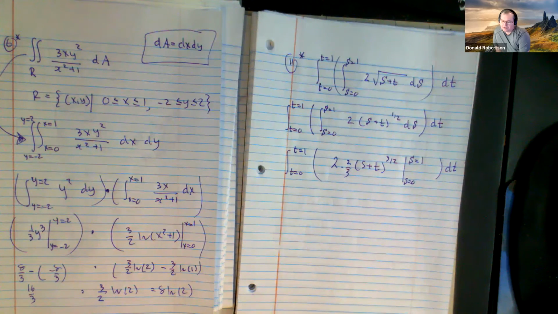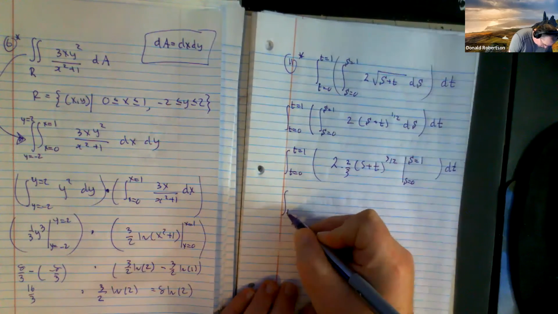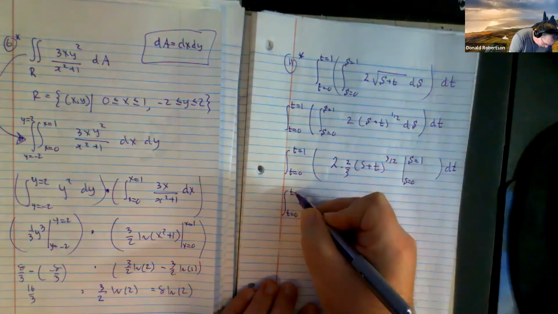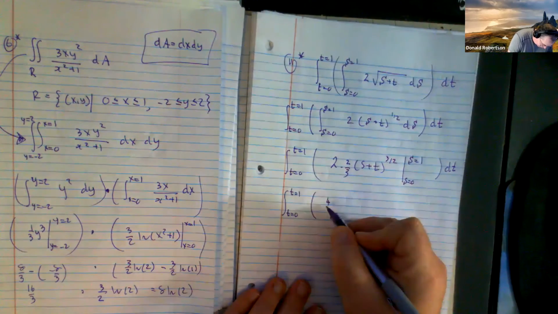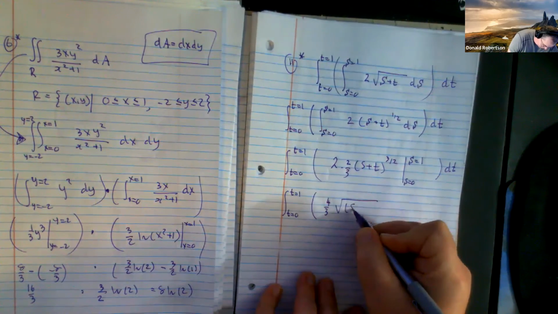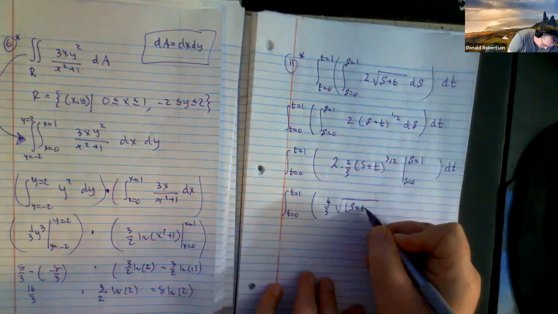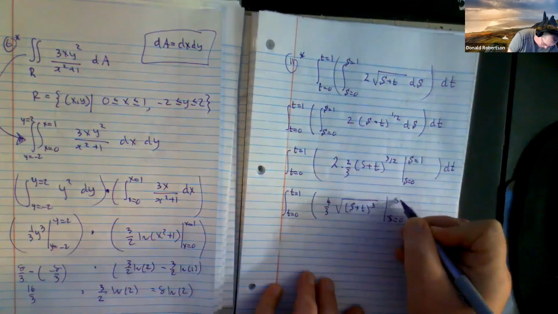So far, so good. Now, since we need exact values, and exact values kind of goes a long way, style points, I'm going to rewrite this guy as 4/3 s plus t cubed, evaluated at s equals 0 to s equals 1.